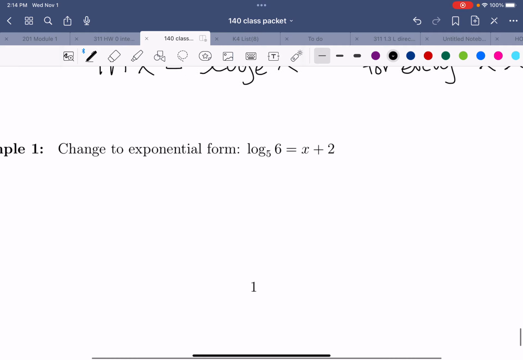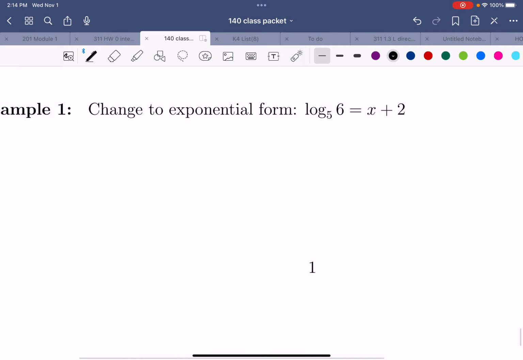So the two things we want to be able to do here is we want to be able to convert between my two different formats, and we want to be able to solve, okay? So here we go. We're going to change to exponential form. So we have log base 5 of 6 is equal to x plus 2. So remember that this 5 is your base, the 6 is your answer, and what's over here is your exponent.